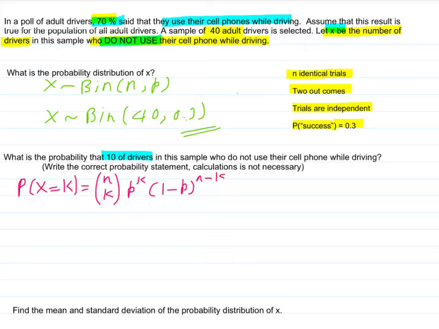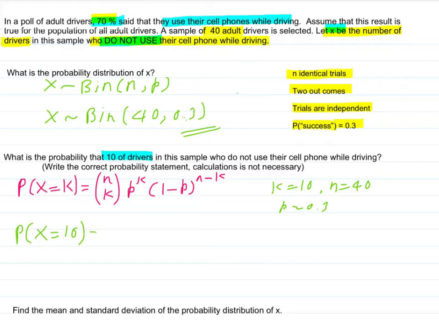Okay, so we can plug in our numbers. What is the k? They are asking about 10 drivers, therefore k equals 10, n equals 40, and the success probability equals 0.3.